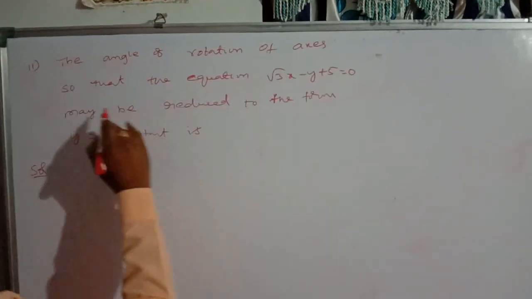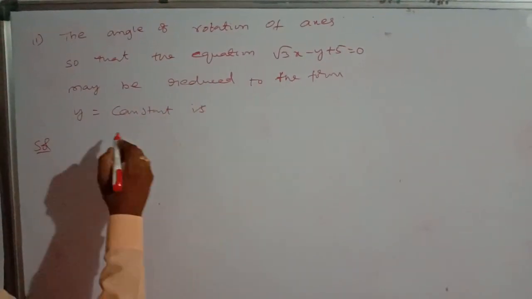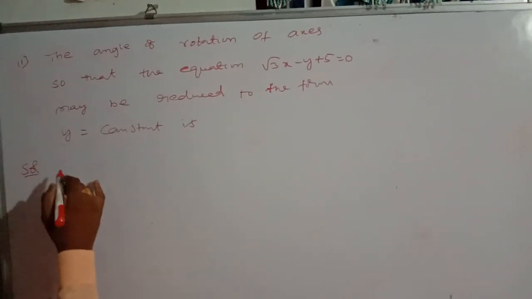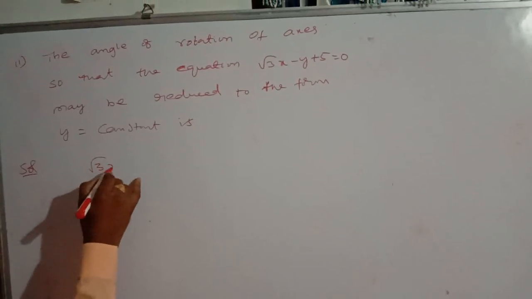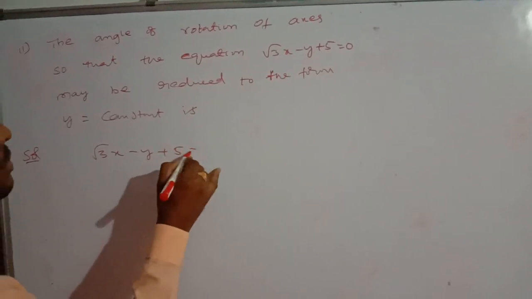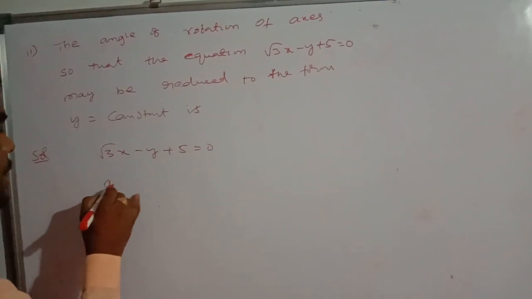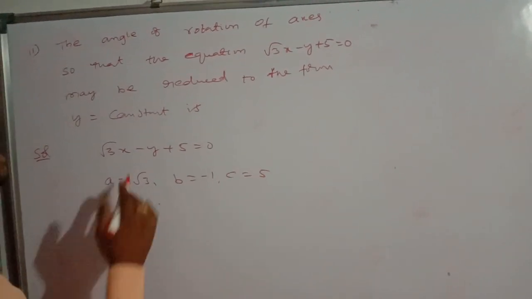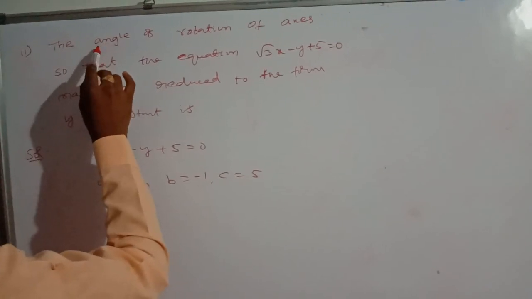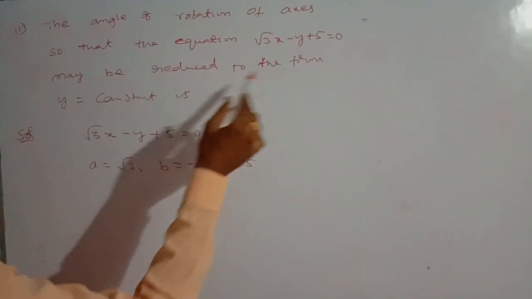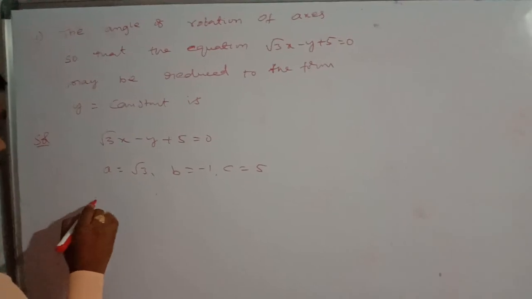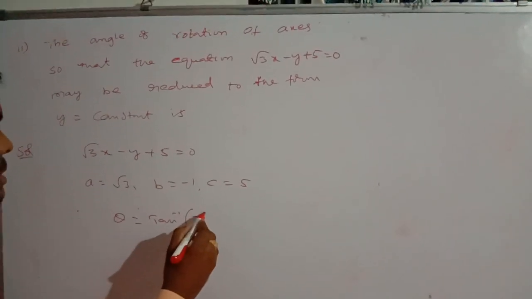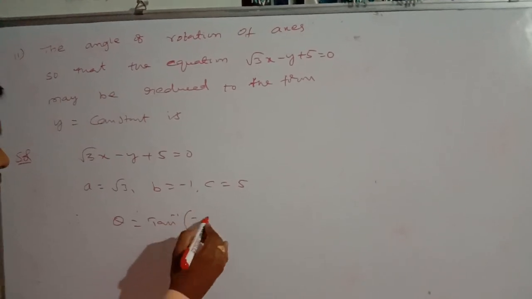Find the angle of rotation of axes so that the equation root 3x minus y plus 5 is equal to 0 may be reduced to the form y is equal to constant. Comparing the given equation with ax plus by plus c is equal to 0, a is equal to root 3, b is equal to minus 1, and c is 5. To reduce it to the form y is equal to constant, theta is equal to tan inverse of minus a by b.